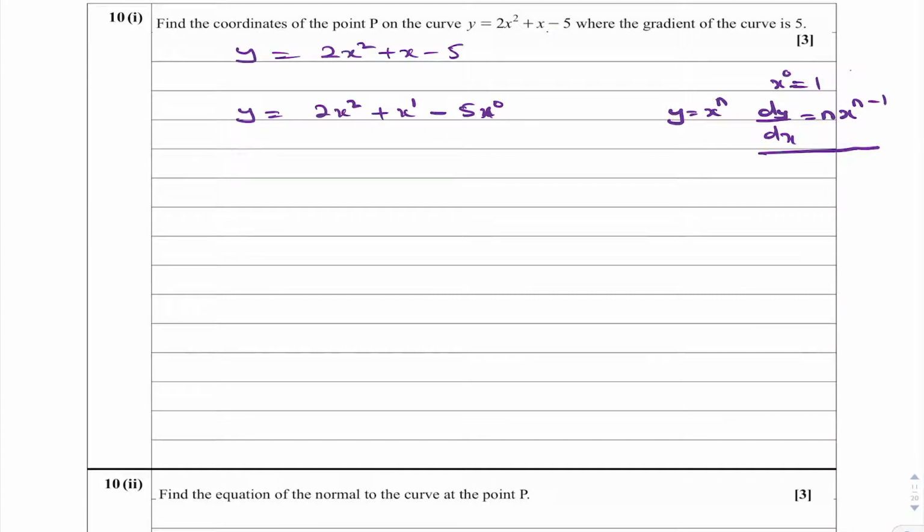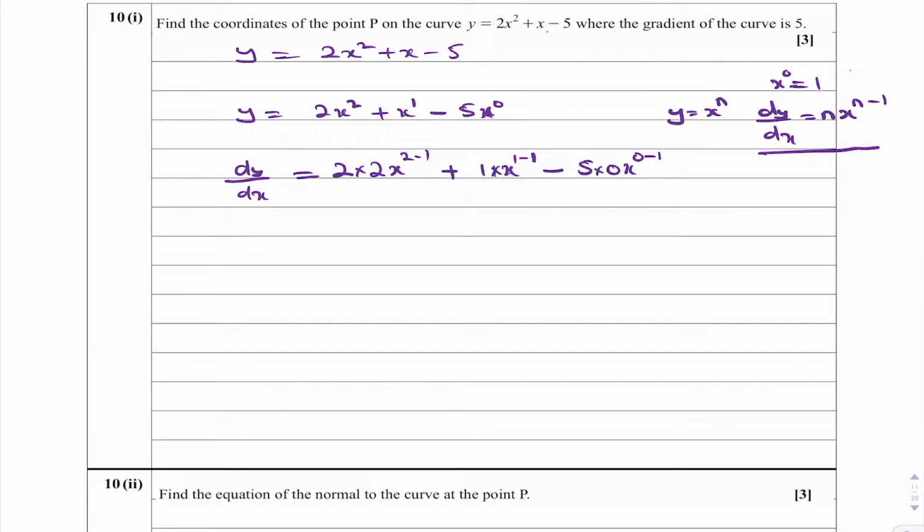Dy over dx becomes, well, 2 is already a constant, so I'll just leave that there, times 2x to the 2 minus 1, plus 1 times x to the 1 minus 1, minus 5 times 0 x to the 0 minus 1.